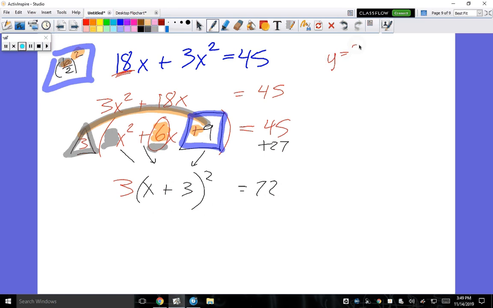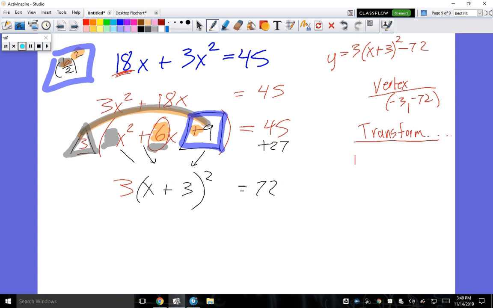So now, transformations. I have y is equal to 3 times (x plus 3) squared minus 72. The vertex that you should have written down is negative 3, negative 72. Okay? The transformations, and you either get this all or none. First you're going to shift 3 to the left.